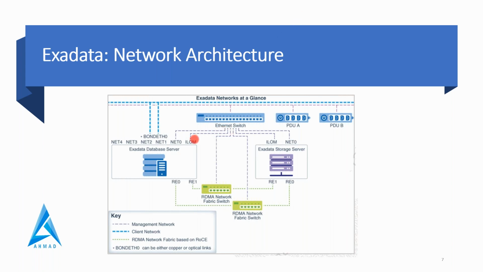The ILOM on both sides is connected to this switch, and each database server and storage server has 2 network interfaces for management, and one provides management access to the operating system through the embedded NET0. So this is NET0, and on both sides it's there.